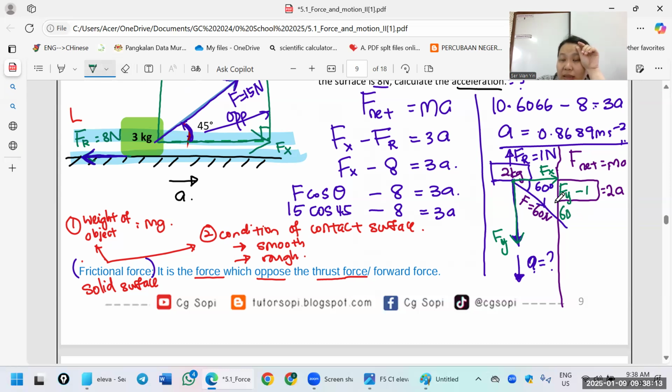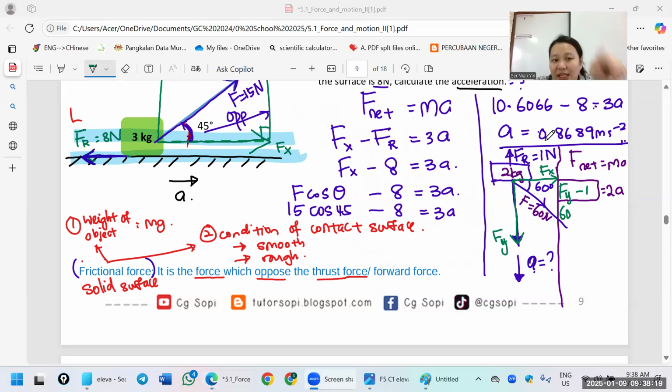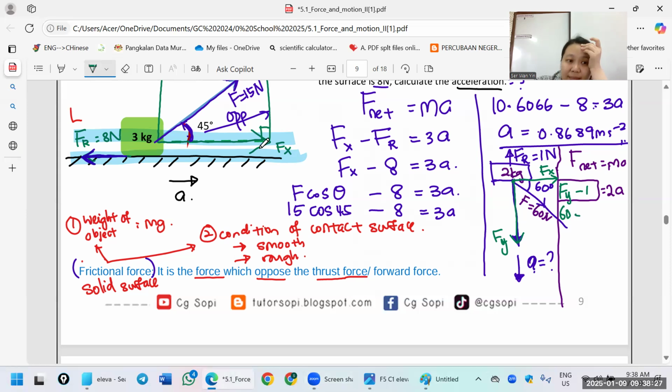Original force times sine or cos 60? Yes, correct, very good. Fy times sine or cos 60 minus 1 equals 2A.